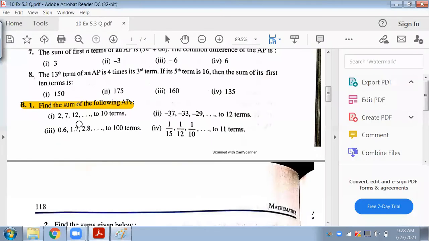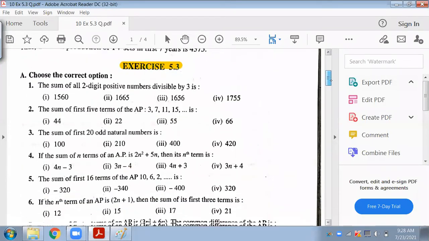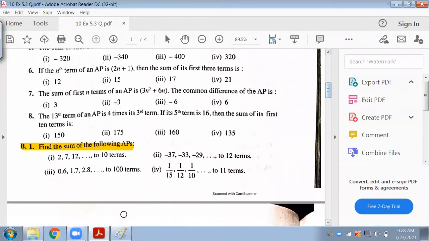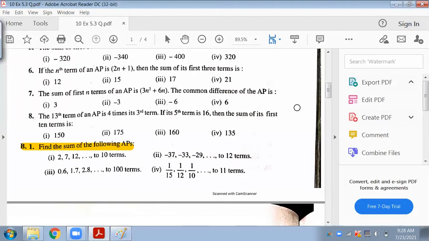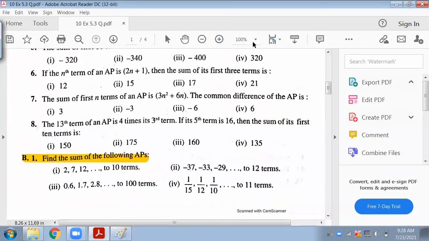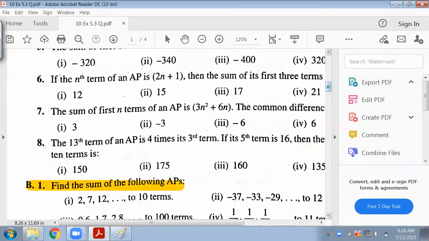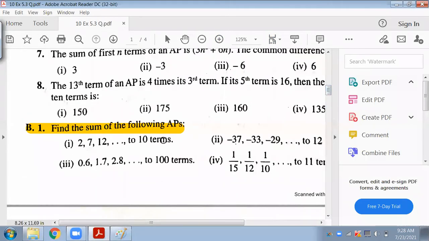Now let's move to the exercise. We're going to start exercise 5.3 B1. Okay, now if you see the question, the AP is given to us.